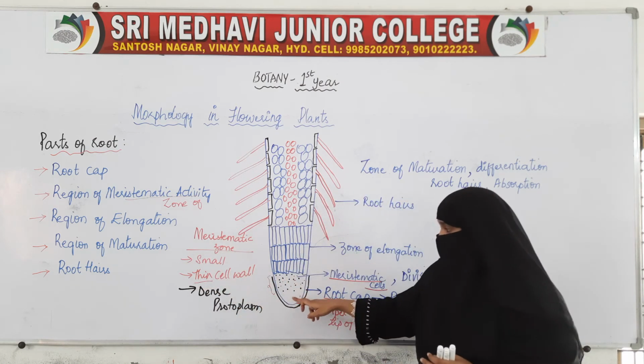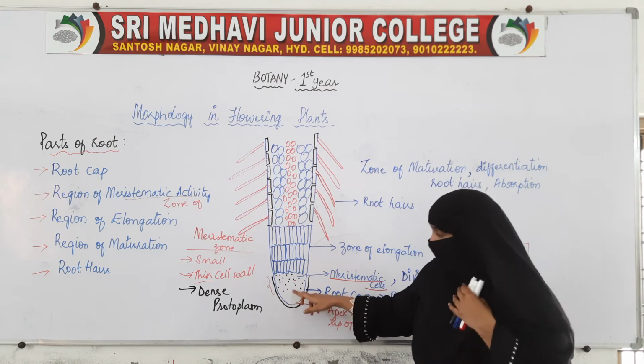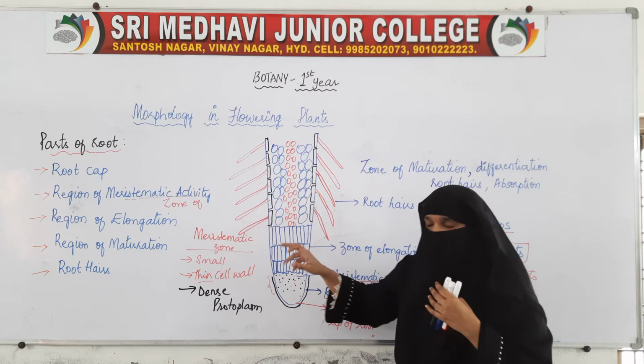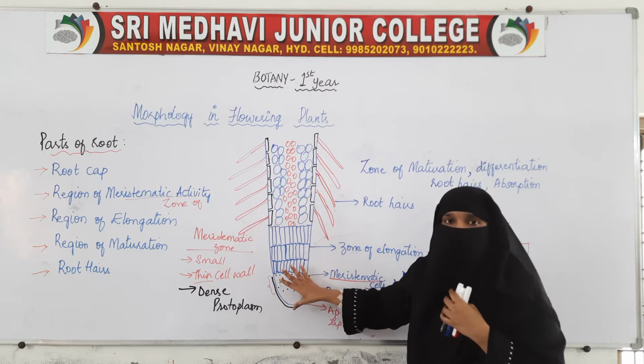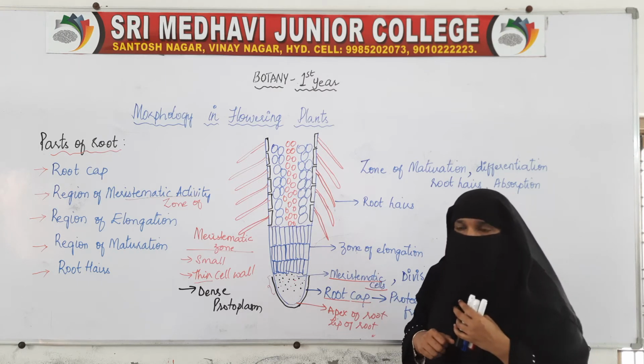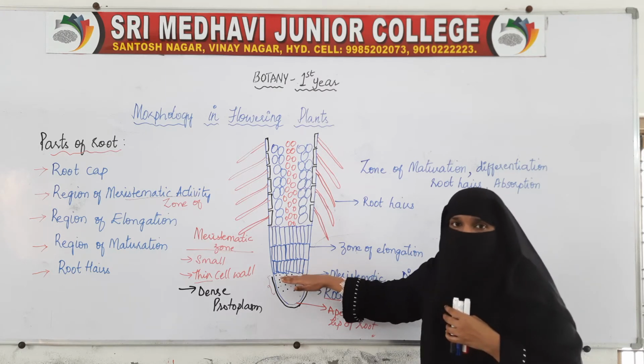So this region just above this tip is the meristematic region in which we have meristematic cells. There will be rapid division of cells, and new cells will be formed.